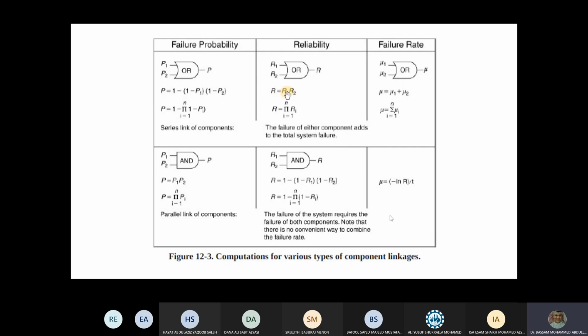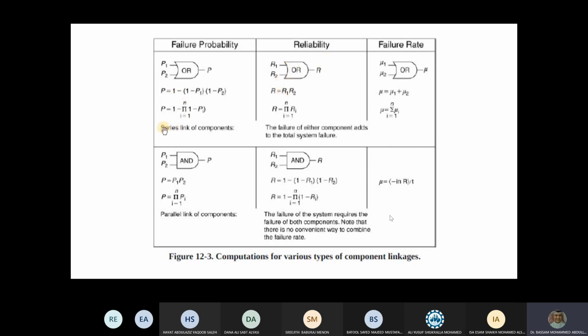this failure probability, if you can recall, what is reliability? Failure probability is 1 minus r. So it's 1 minus r1 into r2, and that is written here. After you do your math here, you're going to get some generic thing. So you calculate the reliability and then you calculate the probability.